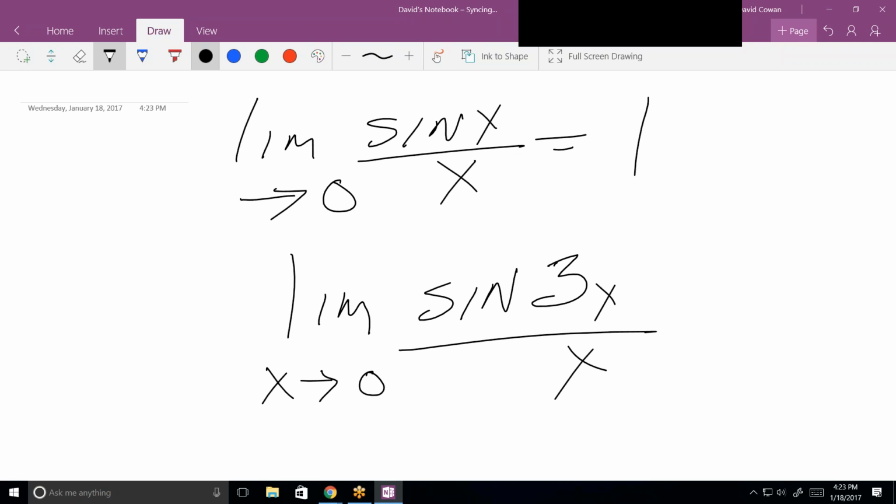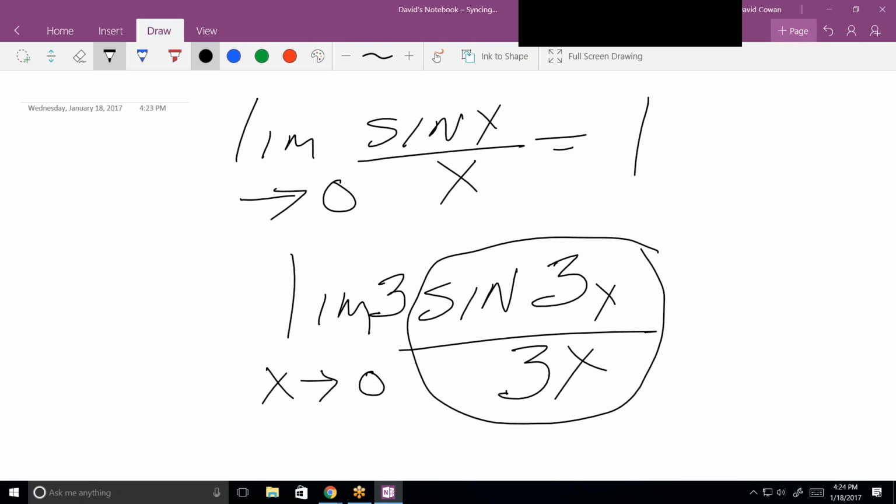Notice we still have 0 over 0, right? But if I multiply the top and the bottom by 3, now I know what that goes to. 1 times 3, so that limit is 3.